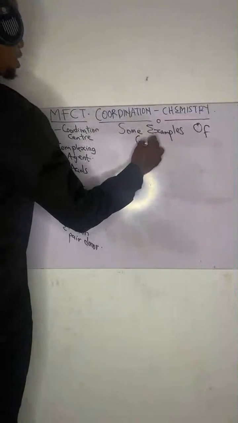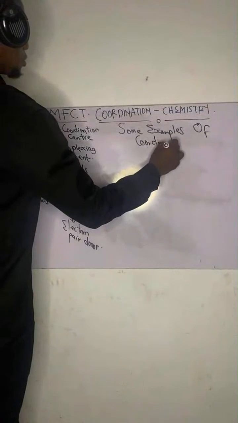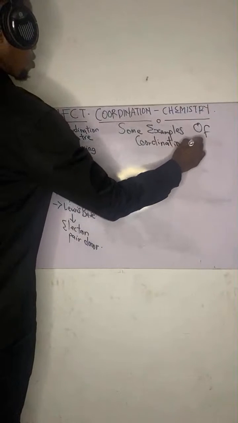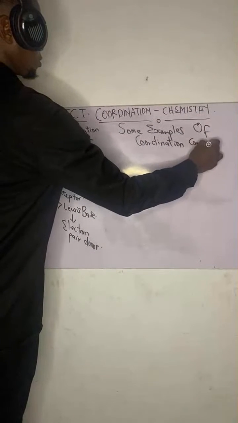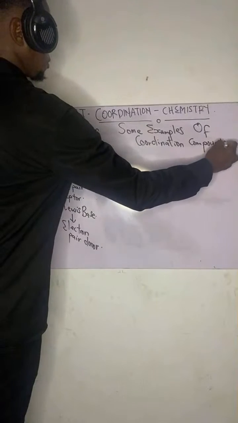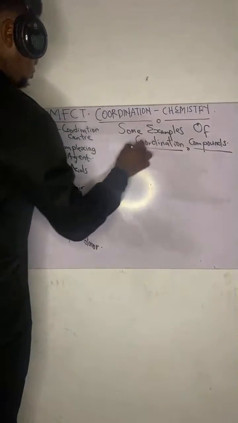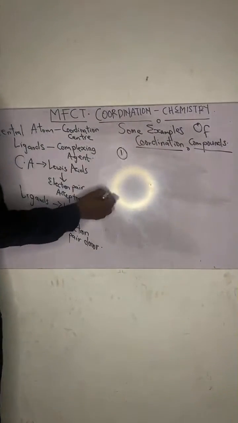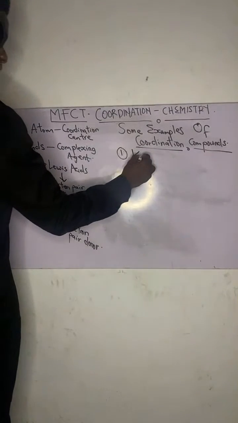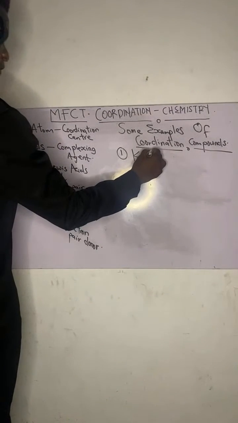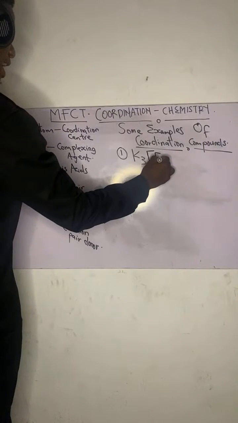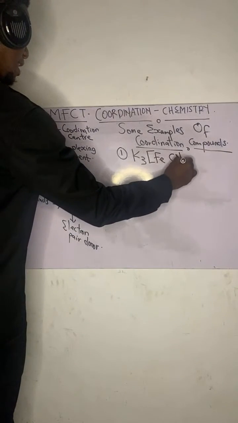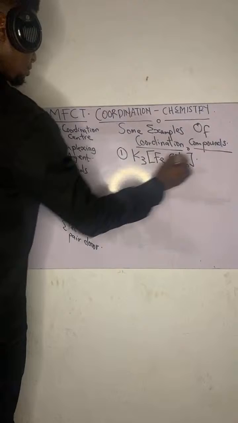Some examples of coordination compounds. Number one, we can have K3[Fe(CN)6].